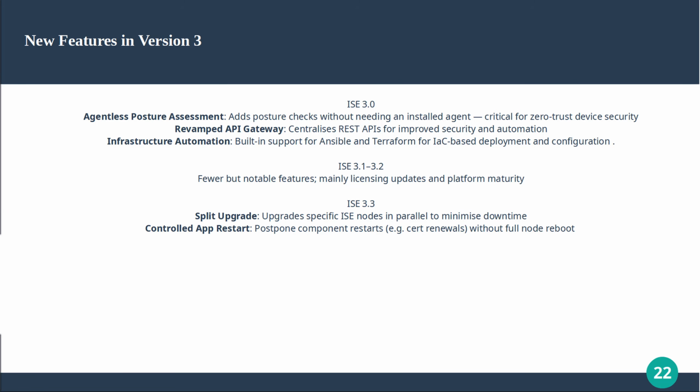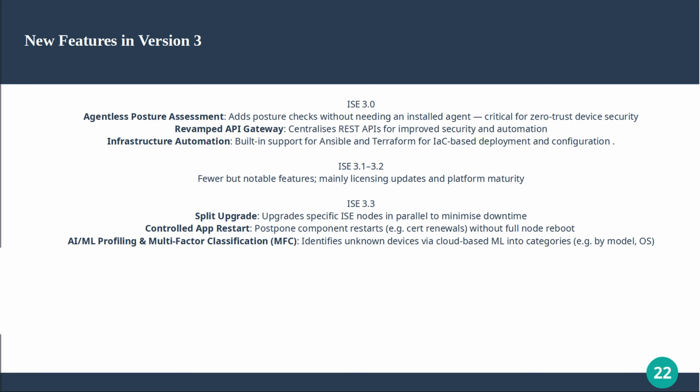It supports control app restart, postponing component restarts, for example certificate renewals, without full node reboot, artificial intelligence, machine learning profiling and multi-factor classification. It identifies unknown devices via cloud-based machine learning into categories, for example by model or operating system. Wi-Fi Edge Analytics, it leverages Catalyst 9800 controllers to enrich profiling data from Apple, Samsung, etc.